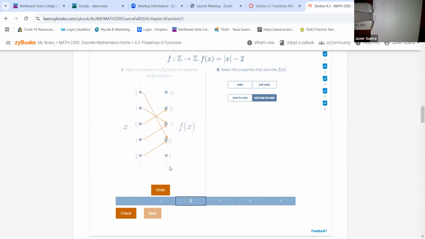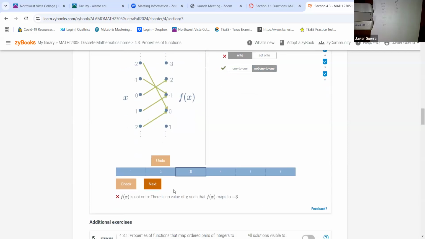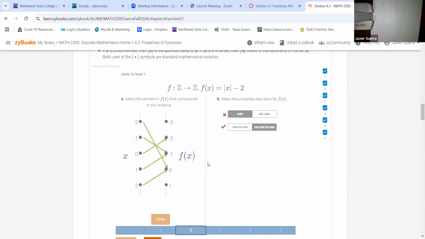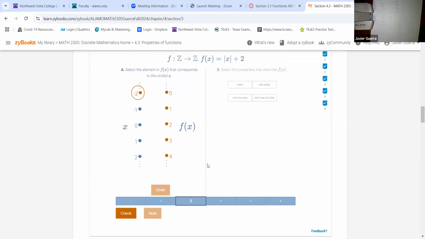All of these elements get mapped. I think it's on to. No, f is not on to, because there is no value of x such that f of x maps to -3. Oh, okay, wait a minute, nothing gets mapped to -3. That's right, it doesn't. 2, 3, 4. That's true. Okay, let's try it again.